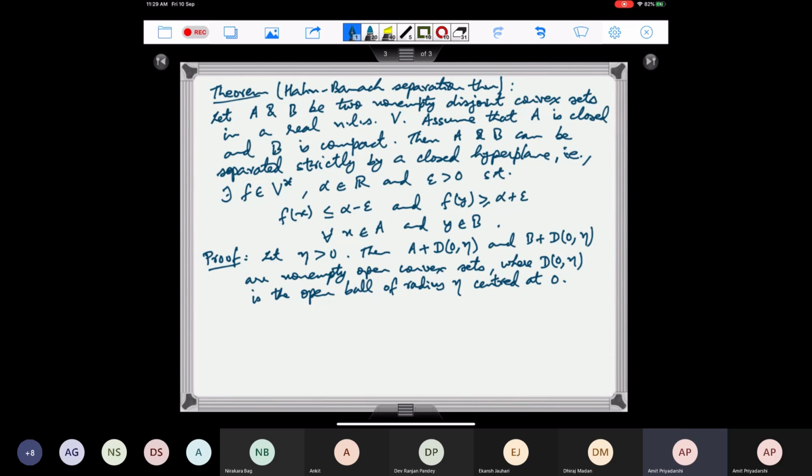So first of all, we want to make sure that there exists some eta small enough such that these two sets are disjoint. For that, we will make use of the fact that A is closed and B is compact. So let me write this claim.